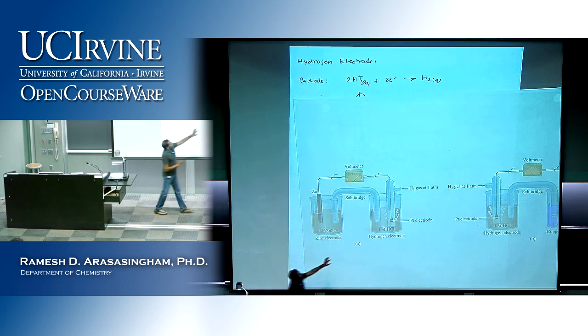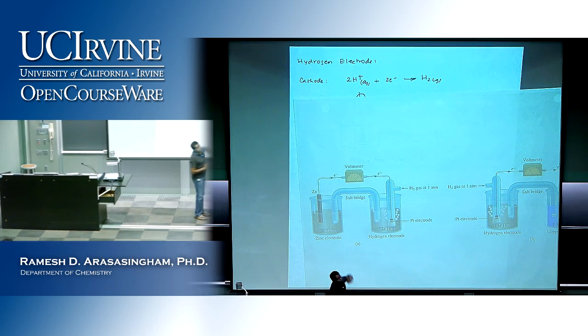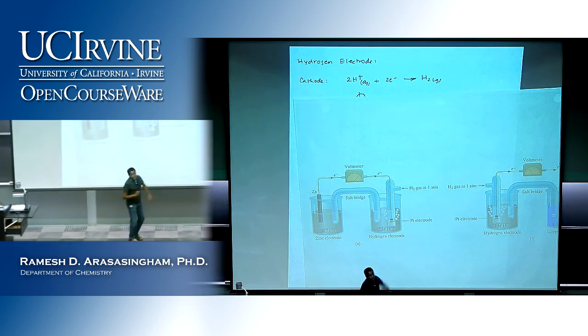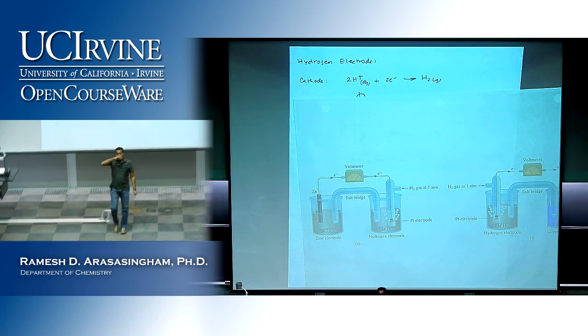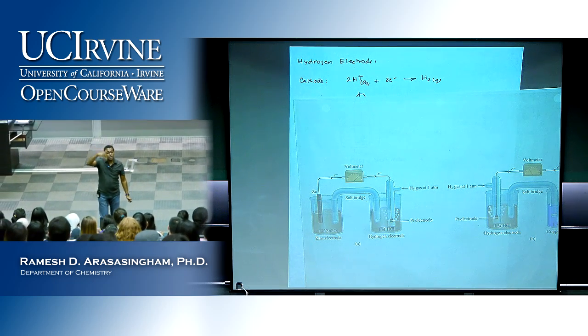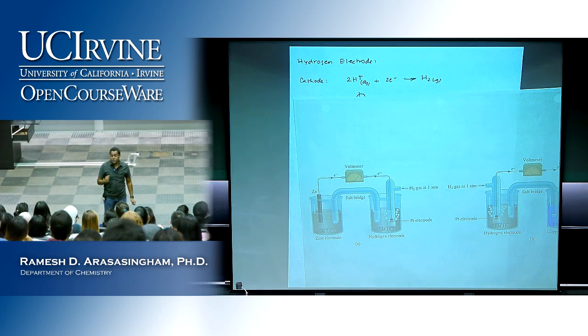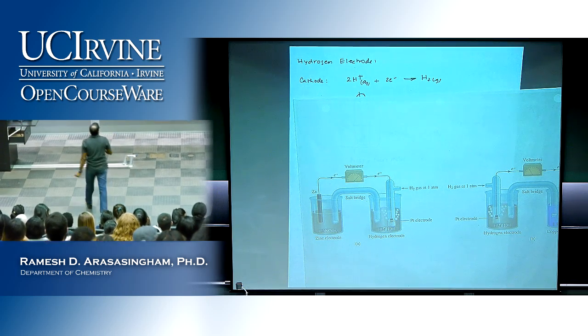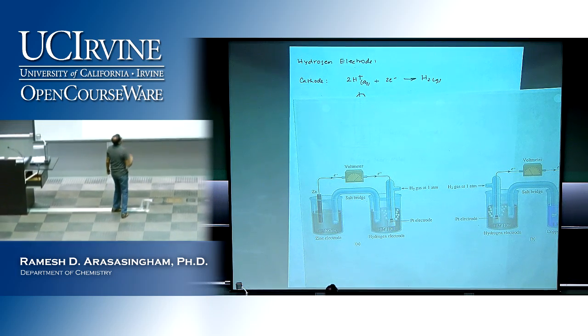So essentially what you do is you have hydrogen gas at 1 atmosphere, you have 1 molar HCl, and your platinum. The platinum metal is just used because it's an inert metal. You need something to deliver the flow of electrons into that solution so that this reduction occurs. And so an inert material like platinum is used. All right? And you can see the bubbles of hydrogen gas.